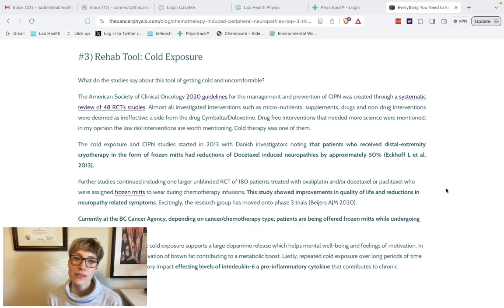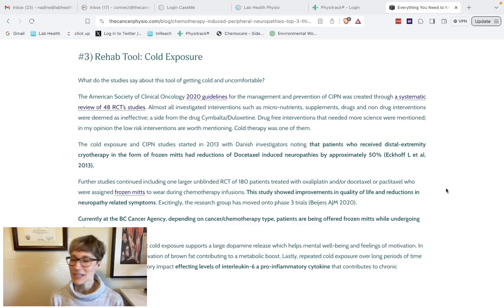So the American Society of Clinical Oncology reviewed the 2020 guidelines for the management and prevention of CIPN. They looked at a systematic review of 48 RCTs. So this is a pretty reliable and good way of looking at science.